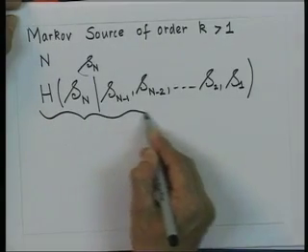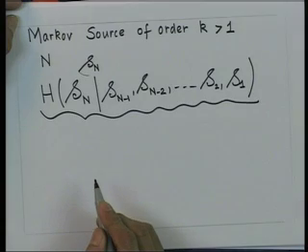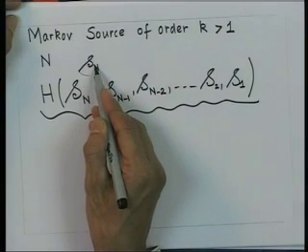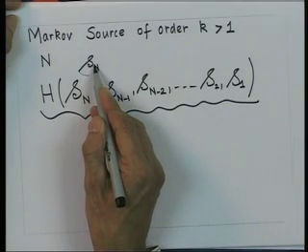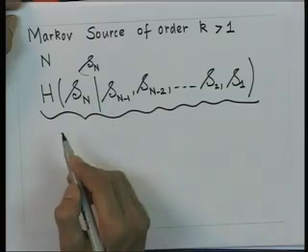This is the additional information which I get when I observe symbol Sn at time instant n.